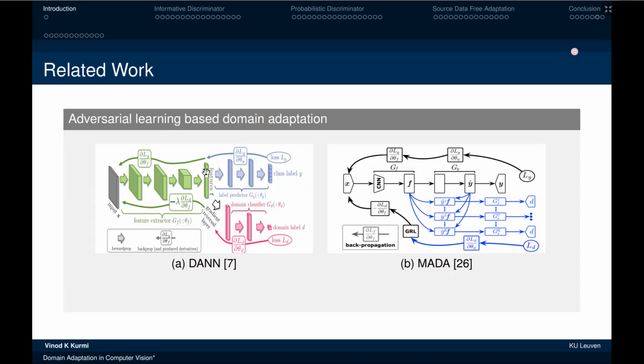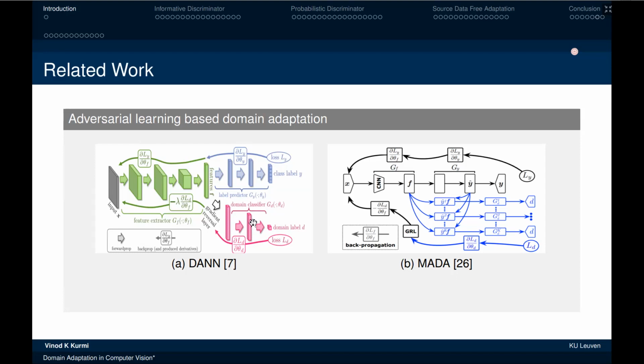That's why we obtain domain invariant features here, but because of the classifier we can obtain class variant features. It is a two-way game, a min-max kind of game. The feature extractor tries to minimize the classification loss and maximize the domain loss. The classification network tends to minimize the classification loss, and the domain classifier tends to minimize the domain loss. So the domain classifier and the feature extractor will play a min-max kind of game.